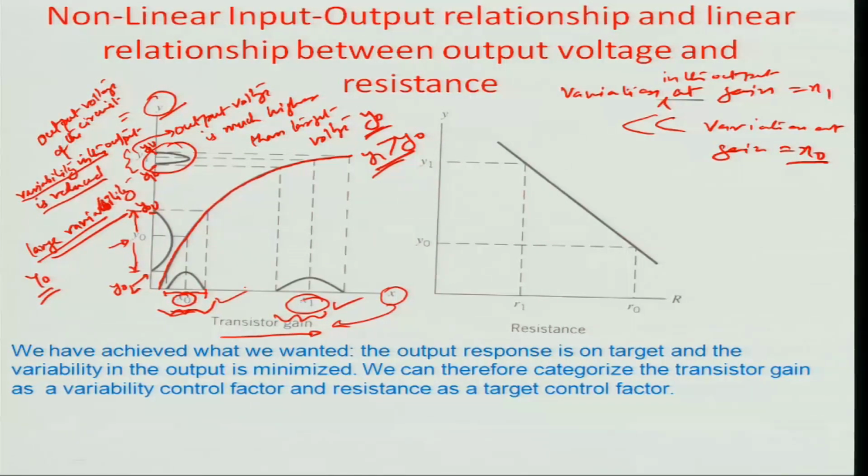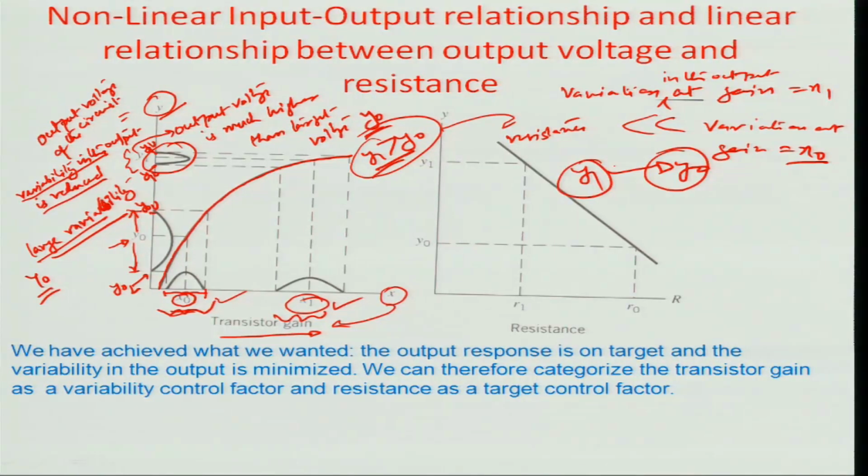So, as a designer, you really have to choose how you would like to plan your circuit to operate. Obviously, because the mean value reported here y1 is much higher than y0, you could probably bring a resistive loss component by putting an additional resistance in the circuit, so that there is a drop in voltage and y1 can come to y0.